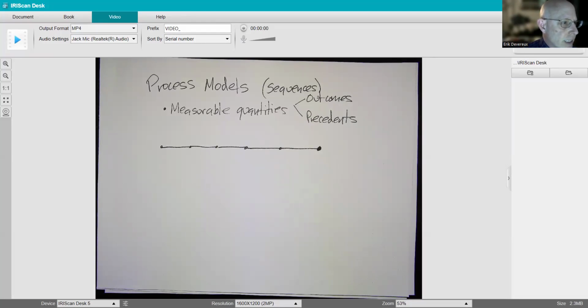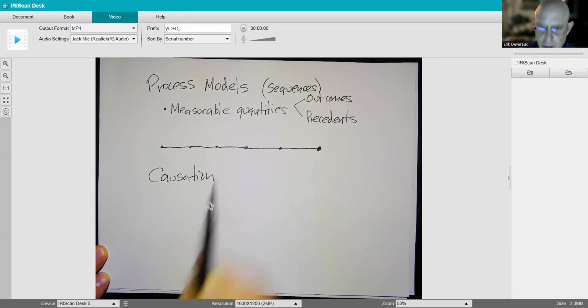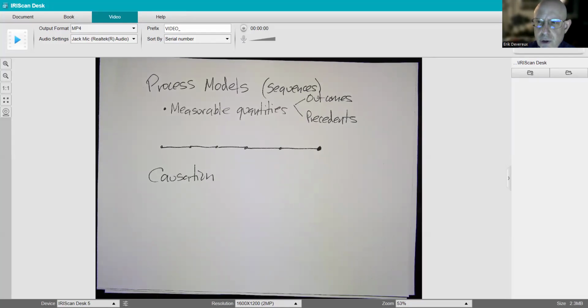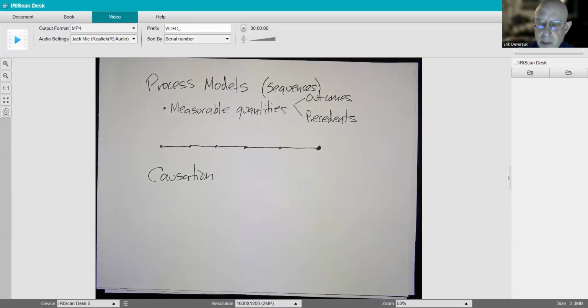First off, I want to talk about causation. Causation is a tricky concept. If you study how causation works in theory, you find out that you have to be careful that our ideas about causation can be flawed, and we can jump to erroneous conclusions because we think we understand how causation works.